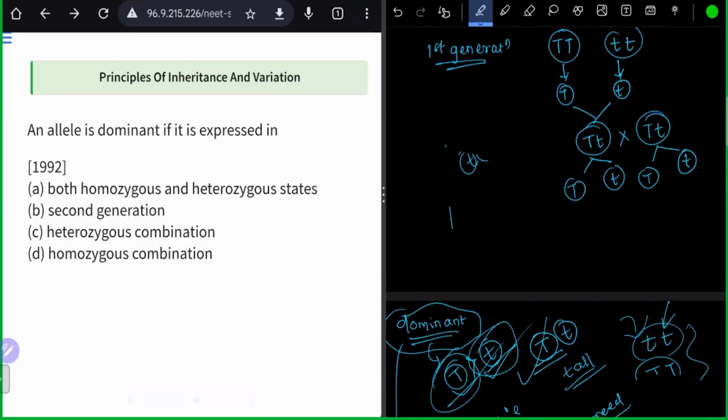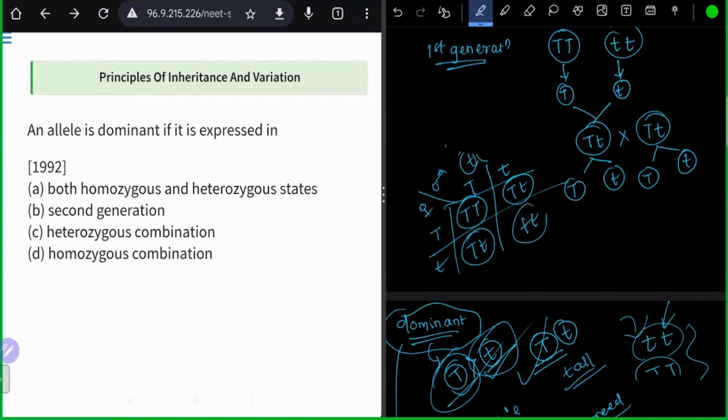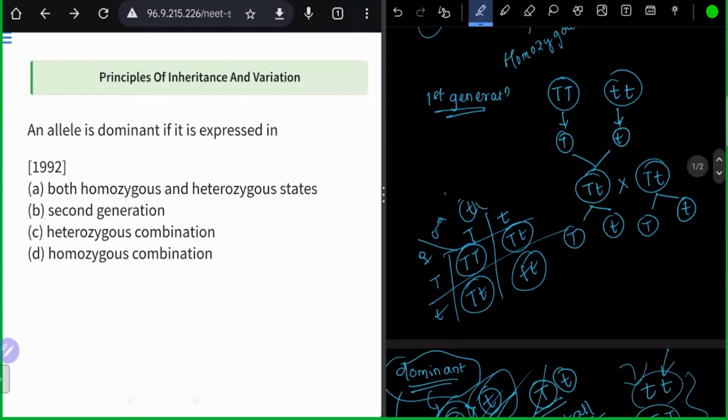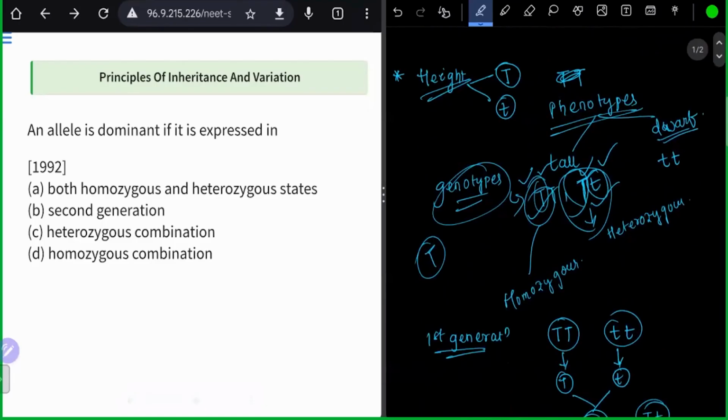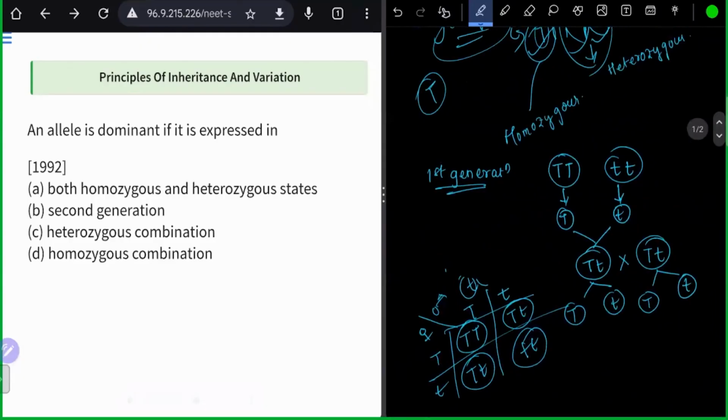So here the alleles are capital T small t and capital T small t. So we get capital T capital T, capital T small t, capital T small t again, and small t small t. I'm just showing you how the second generation crossing is done. But there is no effect of dominance only in the second generation, right?